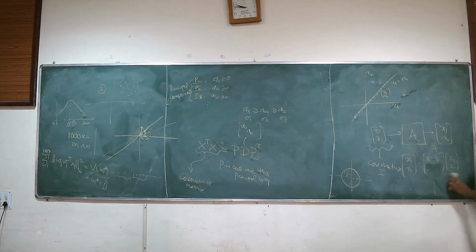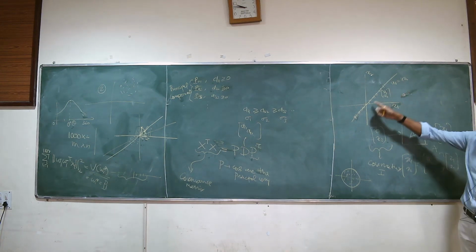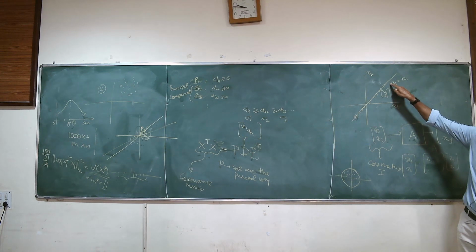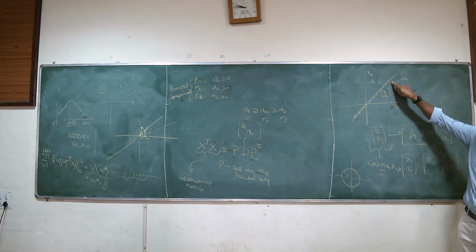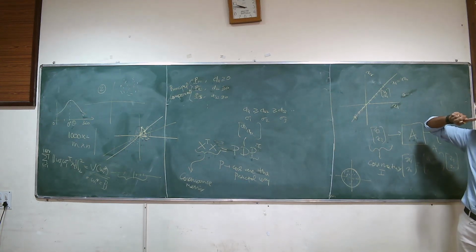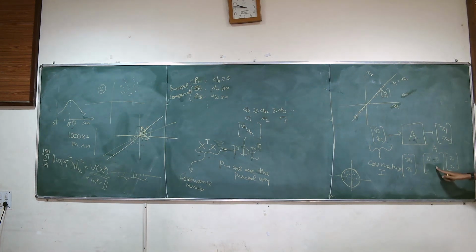What about this? If this is what is produced by my A, this is a one-dimensional subspace, and that is the column space of my A. That means my A has to be rank 1, because the column space has dimension 1. So this has to be a singular matrix. What about 1, 0, 4, 0?